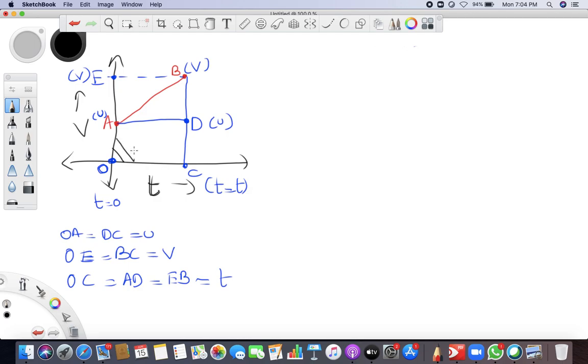So what is our area? This much area we have to find out. So here distance is equal to the area of OABDC. Okay, fine.